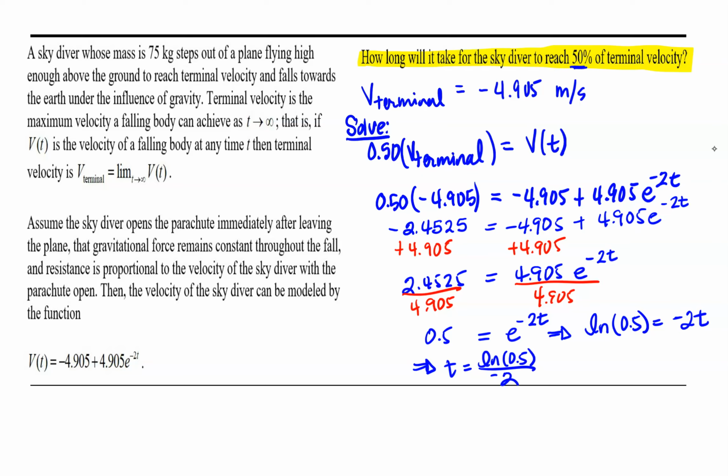Now, that's the exact representation of the time at which the skydiver reaches 50% of his terminal velocity. But to give you a sense of how long that is, this is approximately 0.3466 seconds.